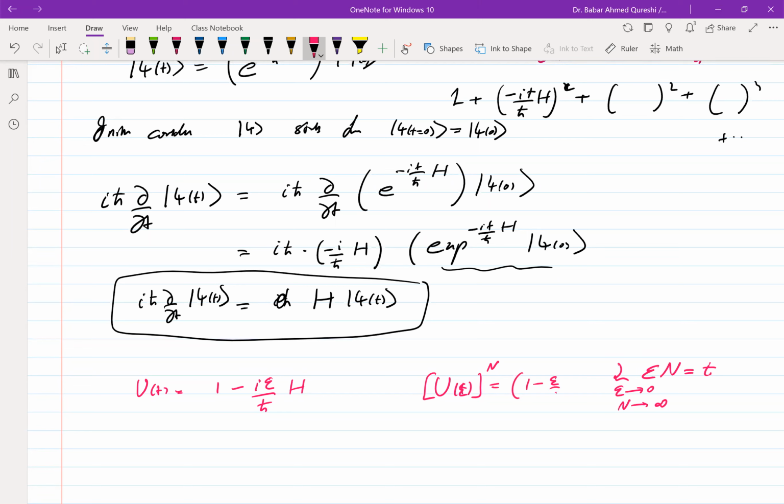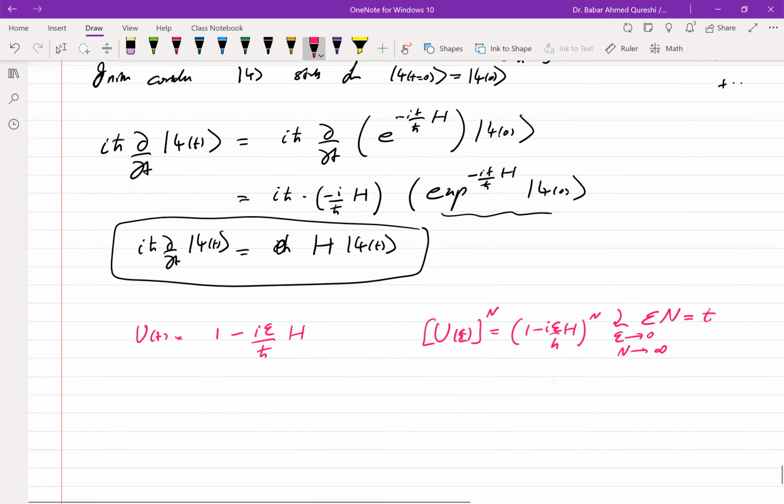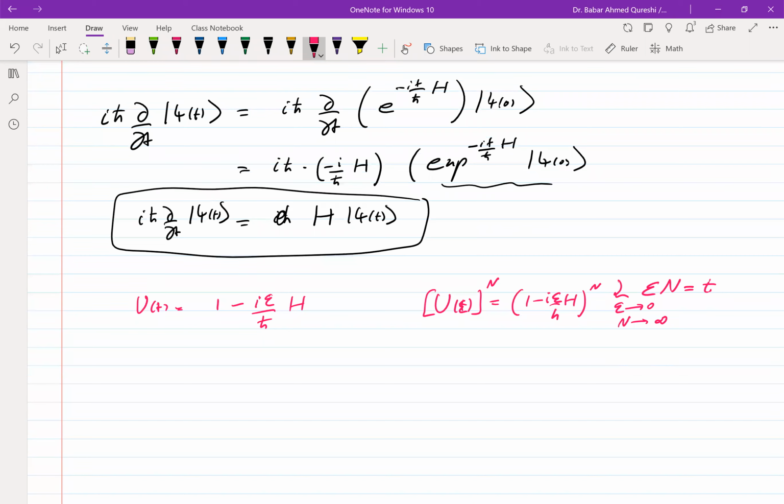I think we did this kind of thing in GR as well. With this limit, you will create exactly the exponential, which we have argued over here through other means, that for a finite t, this gets exponentiated.